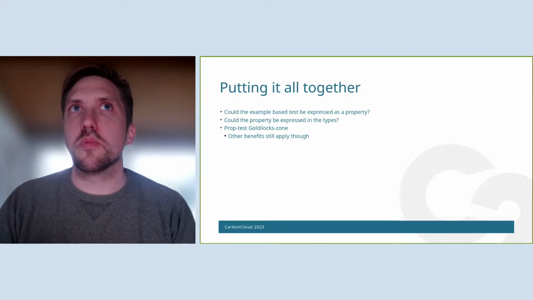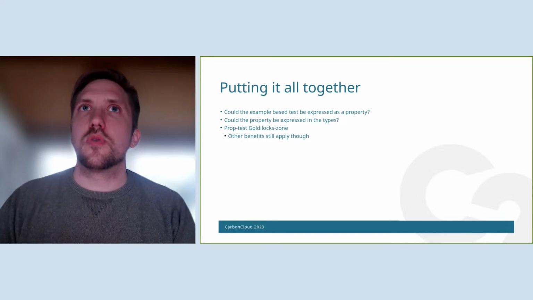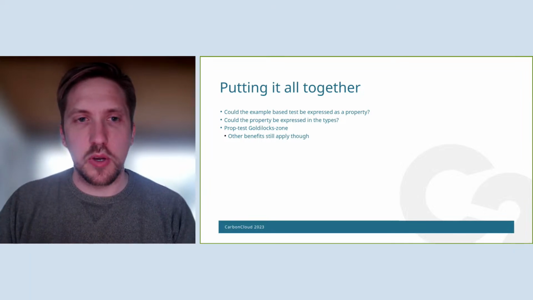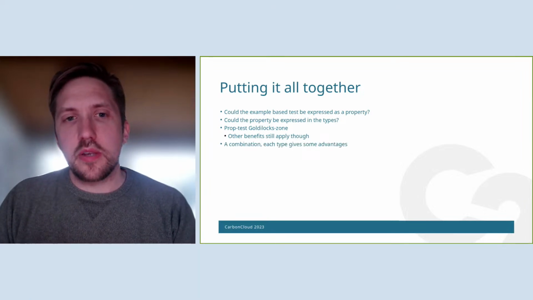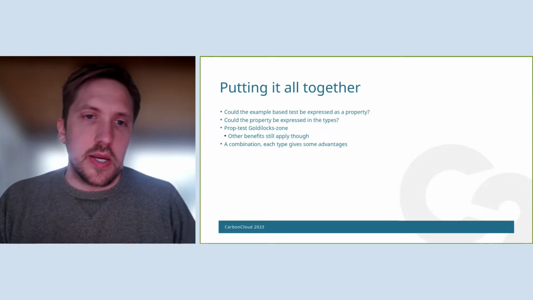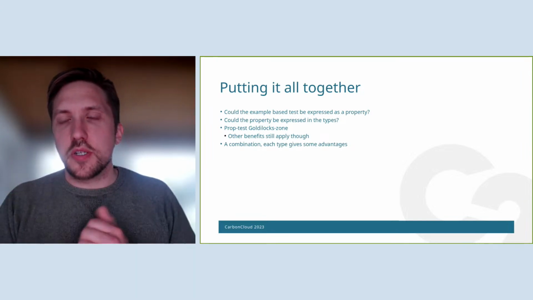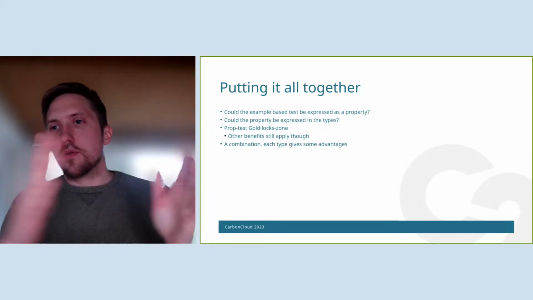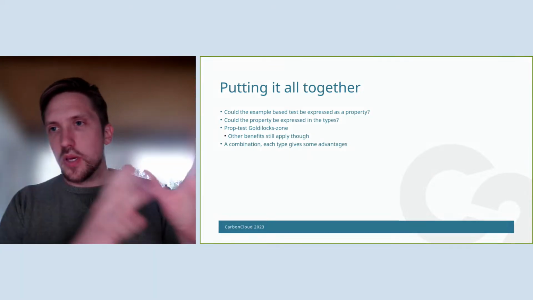However, even if it's outside that Goldilocks zone, we still have other benefits from thinking about the properties from that perspective. It doesn't matter where we test or enforce it; having that mindset when you start with a problem can be good. And a combination of each gives some advantages. I can just say for us, historically, we have example-based tests, property-based tests and a lot of things in the types.